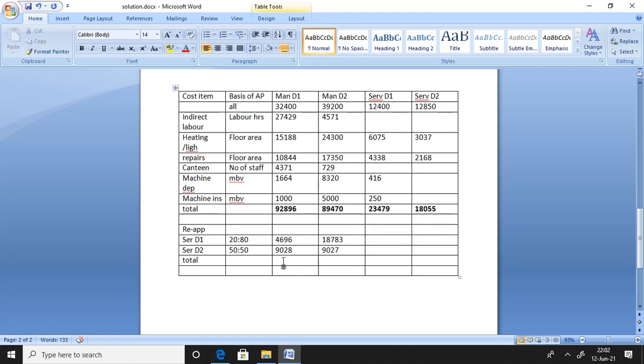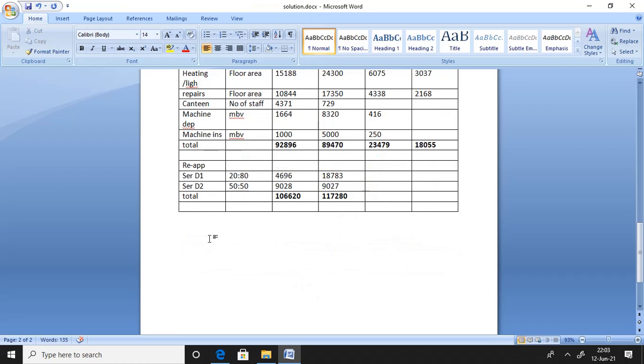You have 106,620, and there you have 117,280. That's the cost then. So we are done with the apportionment and reapportionment of costs.